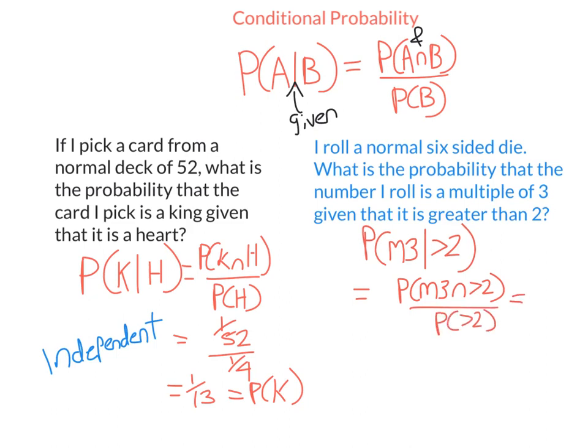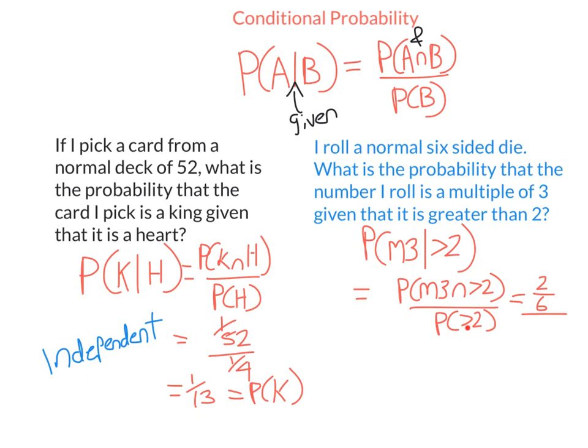Okay, so on a die there are 6 outcomes, 1 to 6. How many of them are a multiple of 3 and greater than 2? Well, there's 2 such outcomes. I could roll a 3 or a 6. Both of them are multiples of 3 and also greater than 2. So the probability both of these events happen is 2 over 6.